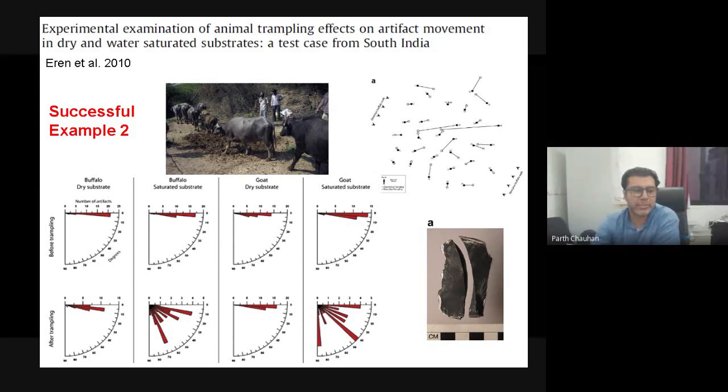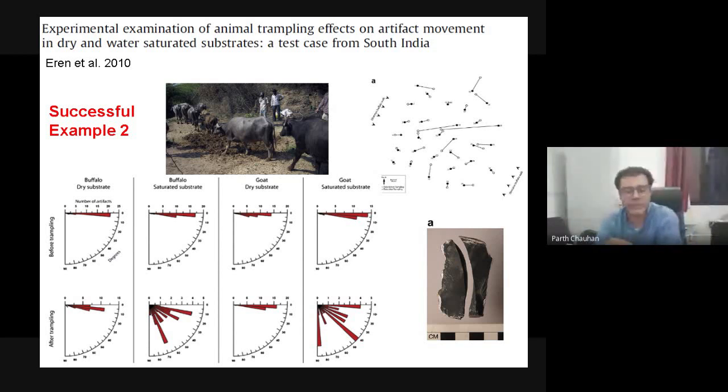So in dry sediments, in moist sediments, how did these lithics get affected by trampling by the buffalo and also goats? For example, how disturbed did the site become? How scattered did the lithics become? How many lithics broke, snapped? How many lithics sank into the ground? And then how many lithics were reoriented?